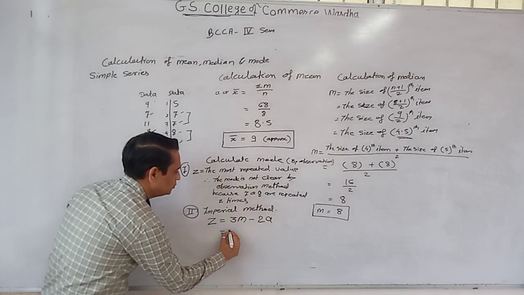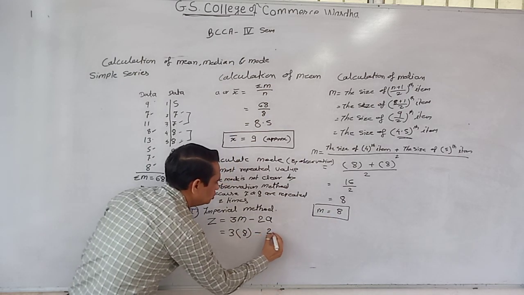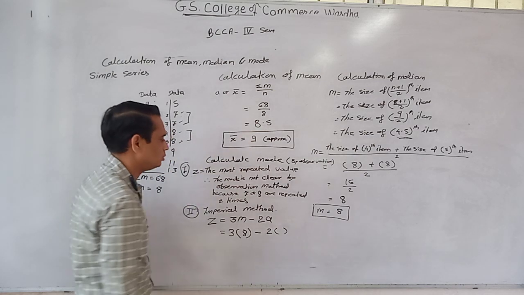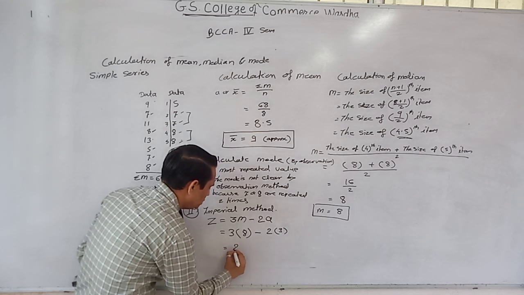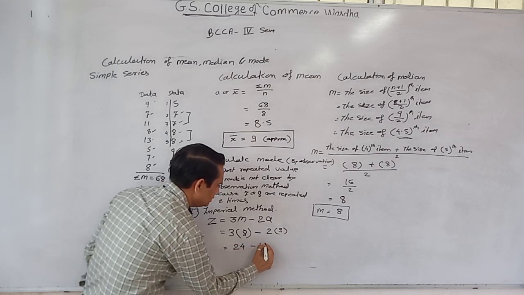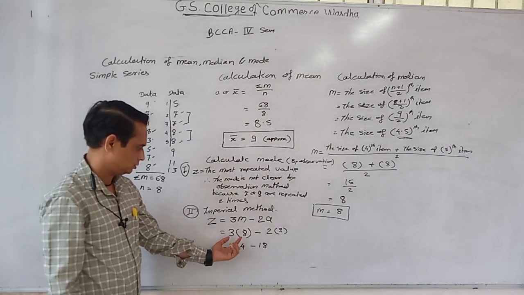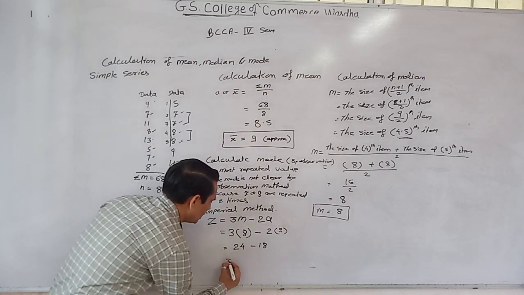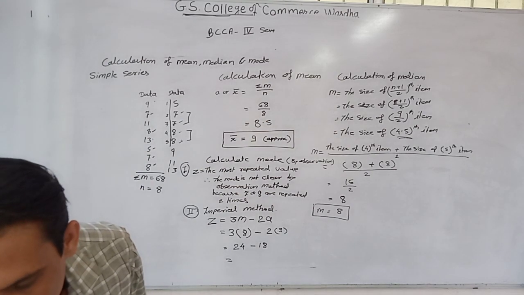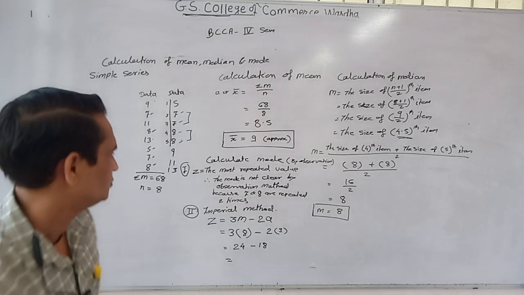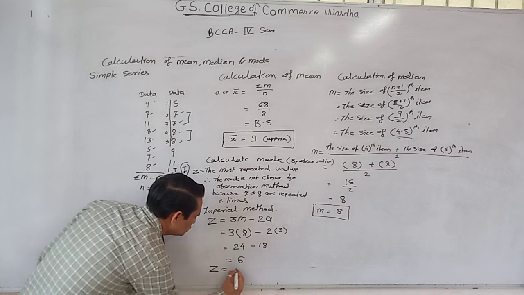So 3 multiplied by median 8 minus 2 multiplied by mean 9. So 24 minus 18, that is 6. So Z equals 6.